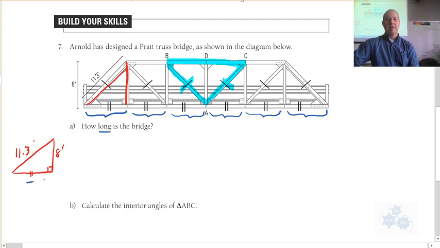So again, these are the legs of the triangle. So let's say this is x, right? So x squared plus 8 squared equals 11.3 squared. X squared equals 11.3 squared minus 8 squared.